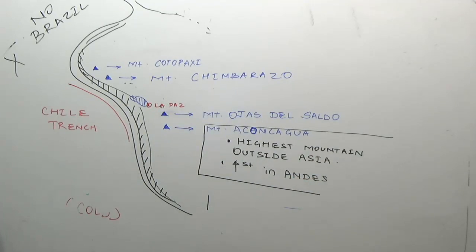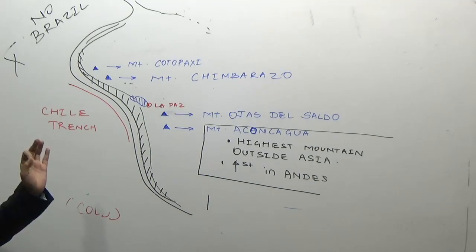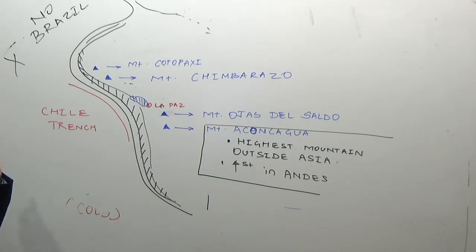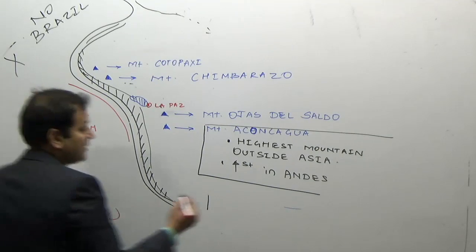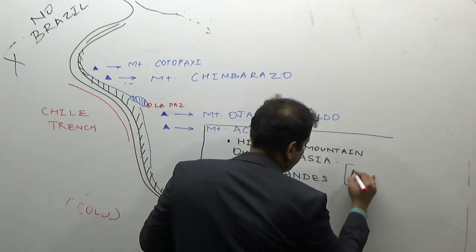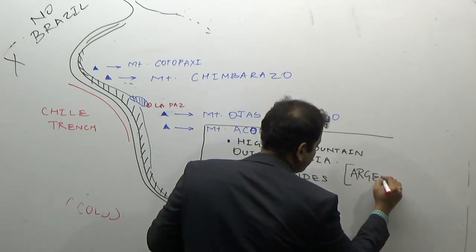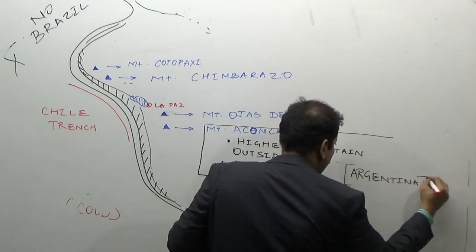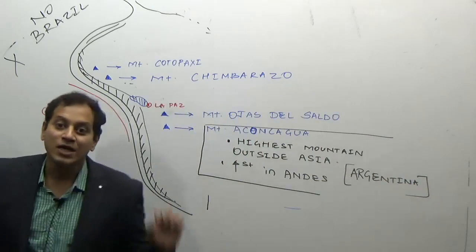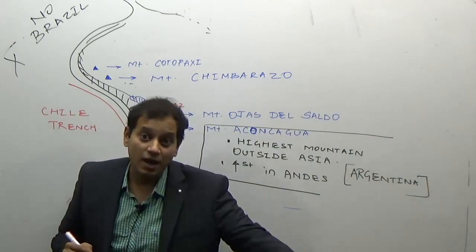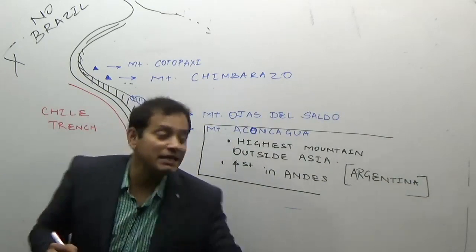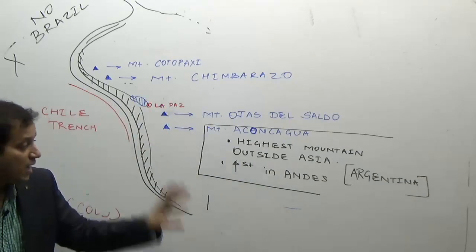Aconcagua is the highest peak of the Andes, and it is the highest peak outside Asia, that is, outside the Himalayas. It lies in Argentina. Remember, A for Argentina, A for Aconcagua. So in COCOA, the A lies in Argentina. That is, Mount Aconcagua lies in Argentina, which is the highest mountain outside Asia.